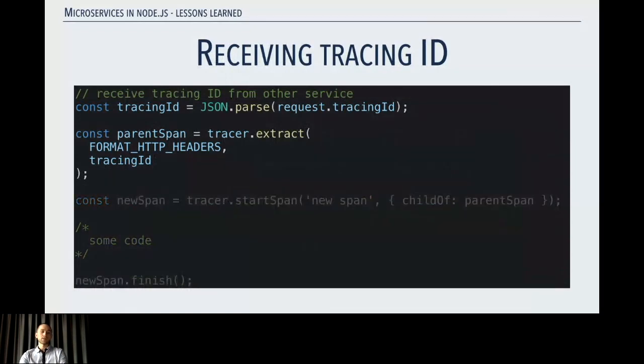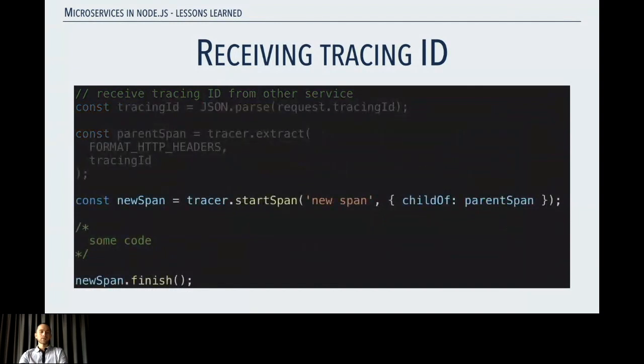So once it's parsed, of course, there is a built-in method in our JAEGER tracing. Once we obtain that tracing ID, we can create another span, so we can trace code in that second service, but then we need to define the parent of that particular trace to just make a correlation between those traces.